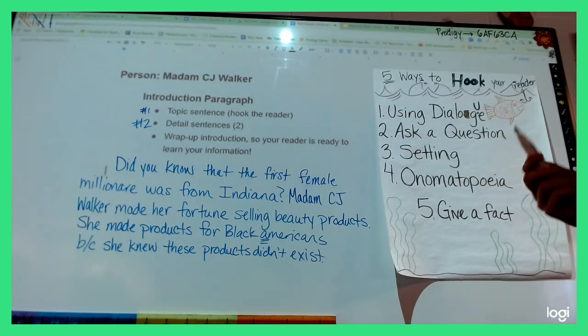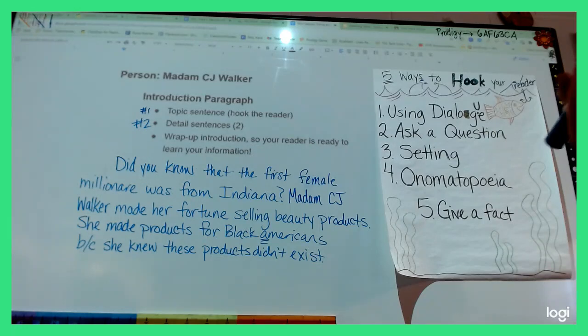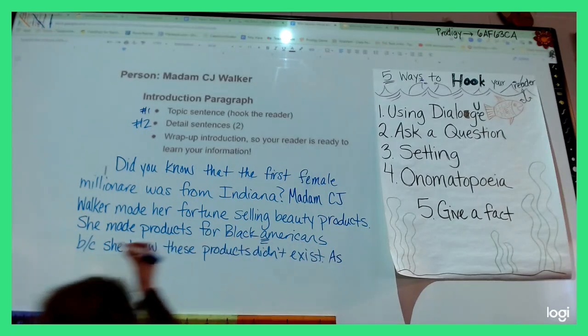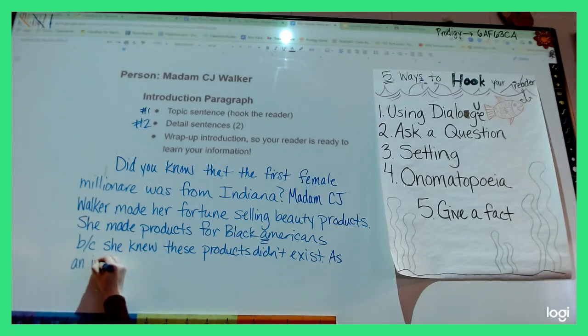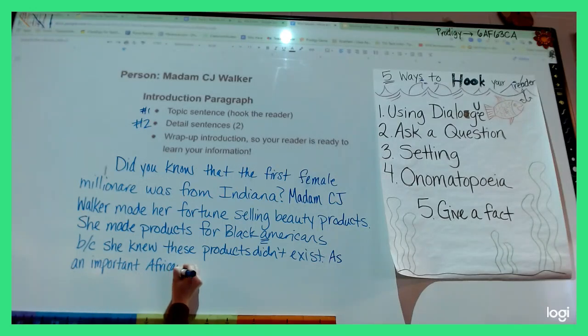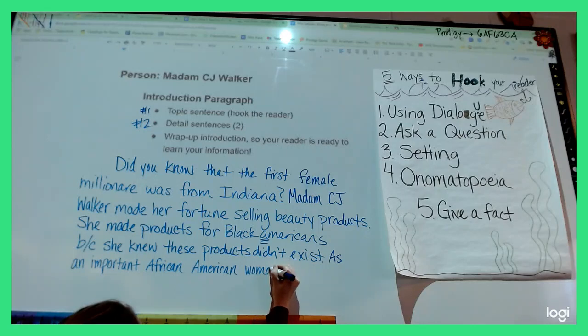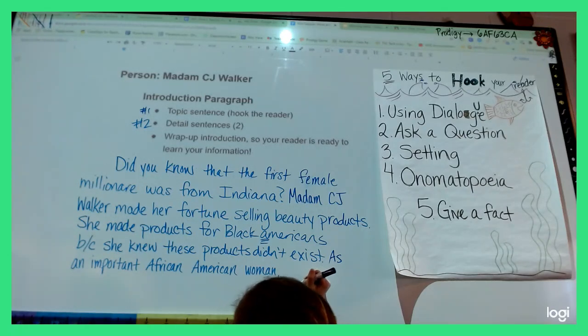Okay, so I could say, as a famous African American, Madam C.J. Walker made a big difference in her community. Can I say something like that? Yeah. Okay. As an important African American woman, okay, and now this is when I don't have to say Madam C.J. Walker. I can just say Walker.